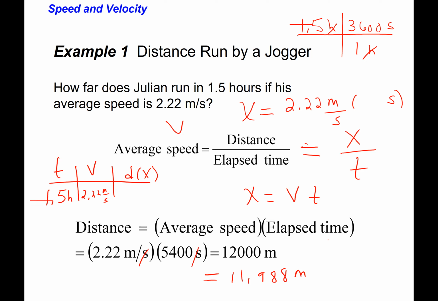But if we look at what is given in the problem, we have 2 sig figs in 1.5 and 3 in 2.22. That means that the answer can only have 2 significant digits. We go with the smallest number of sig figs in the given. So we have to round this number and only have 2 significant digits. And that's why our answer is 1,200 meters.